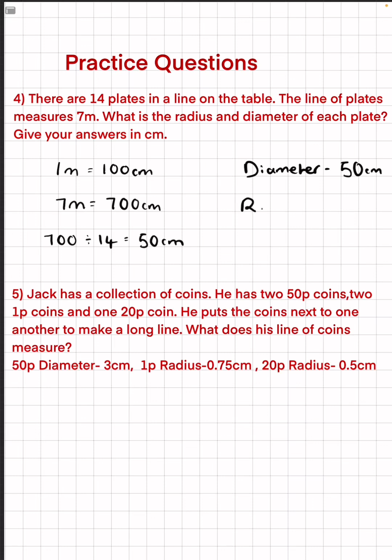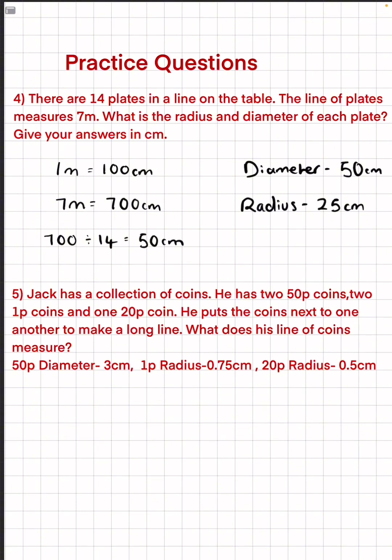The radius is half the diameter. Half of 50 is 25 centimeters. So the answer to the question is the diameter of each plate is 50 centimeters and the radius is 25 centimeters.